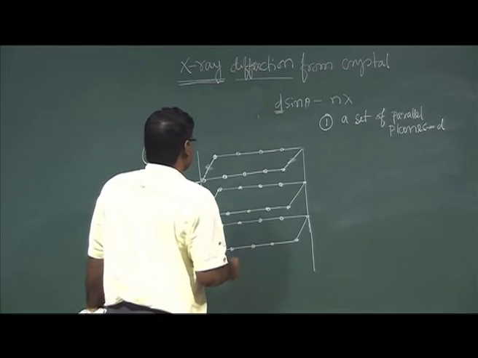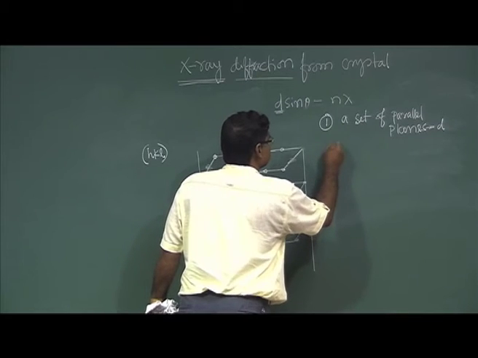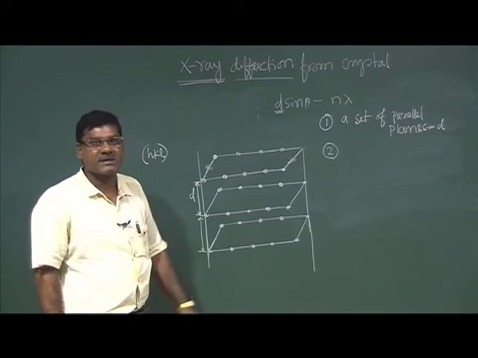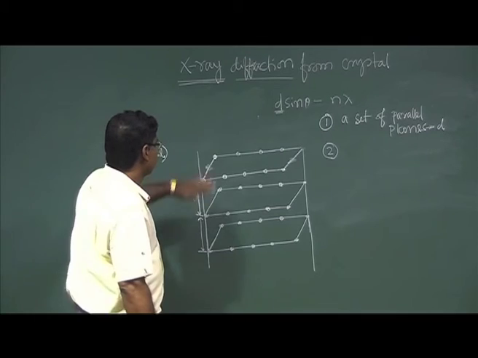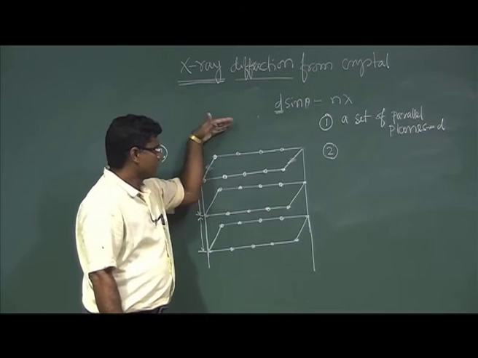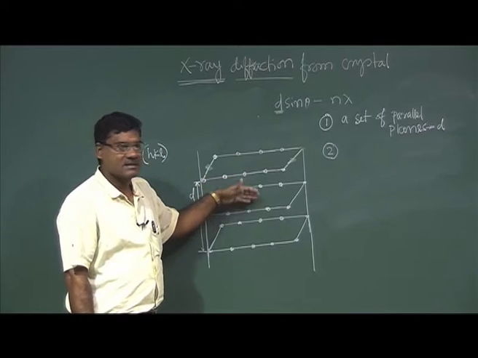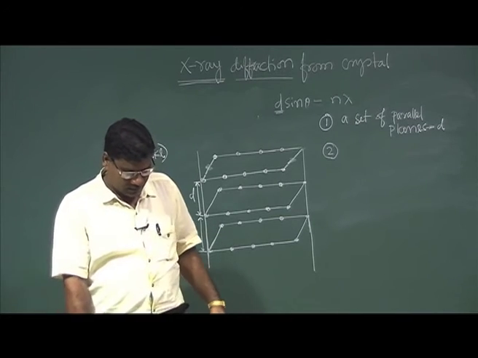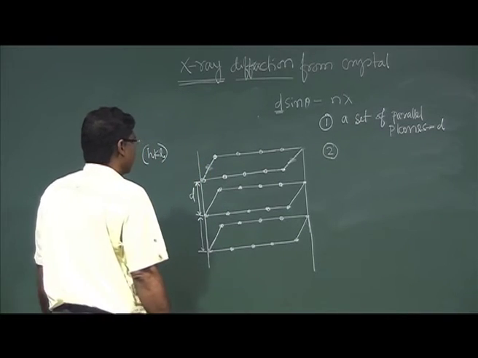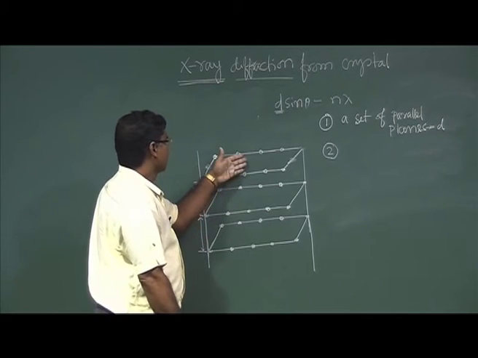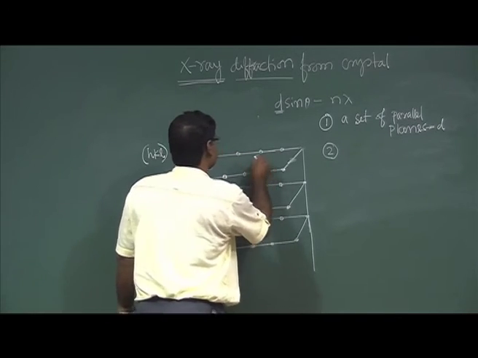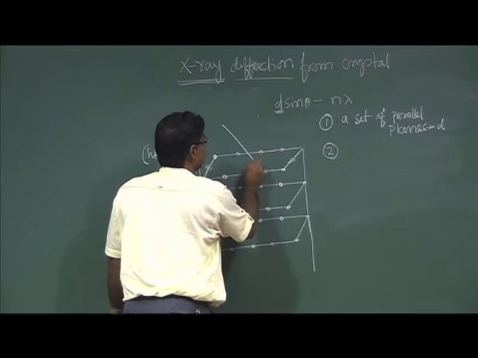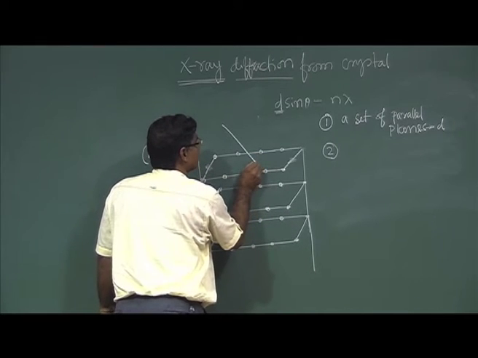Now, the second assumption is that when X-rays fall on this crystal, the X-rays are reflected from each plane. Say one ray is falling here and it is reflected.